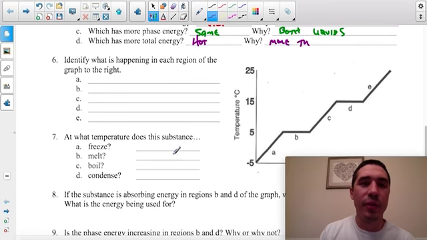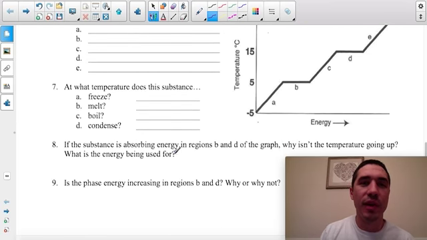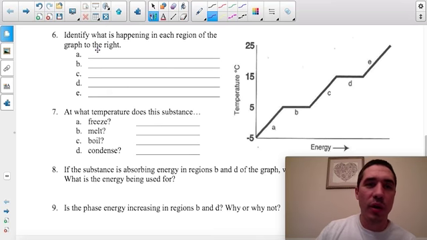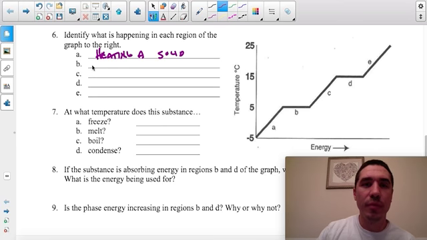Alright, next it asks us to identify what's happening in each region of the graph on the right. So region A, we are heating a solid. In region B, we are melting. And I'm, of course, assuming that the energy is going this way, so that time's going that way.